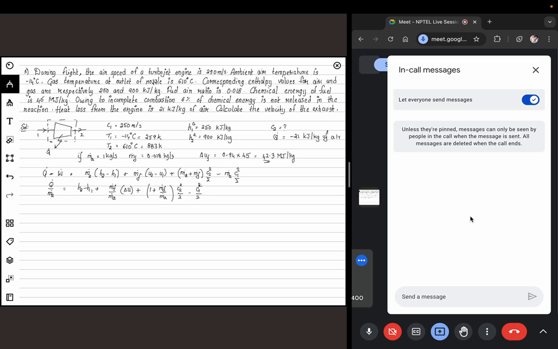So this turns out to be that minus 21, H2 minus H1, plus fuel to air ratio is given. Delta U is, so initial energy is this, and after the reaction 6% is not released, so 94% is released, so that is your 42.3.